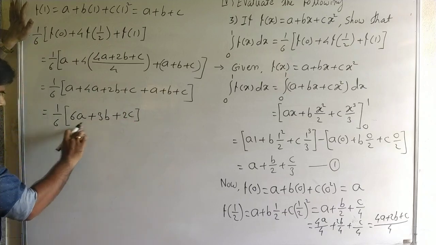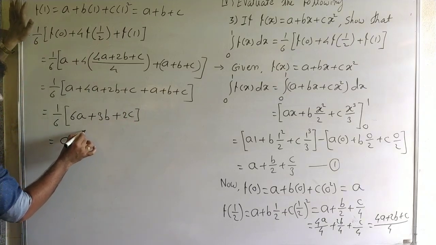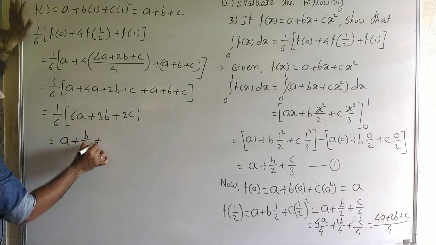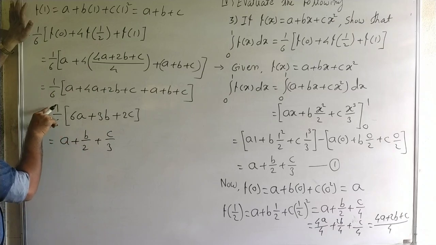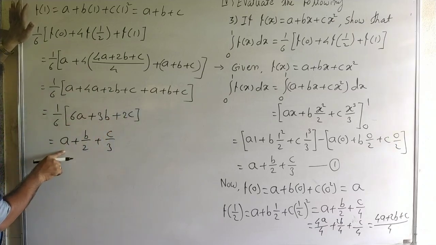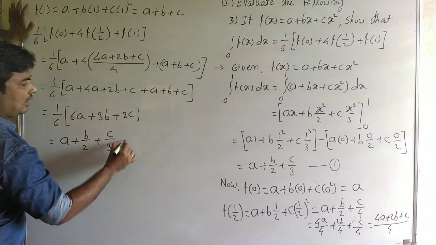When we divide by 6, we get a plus b by 2 and plus c by 3. When we multiply by 1 by 6, here it is a, 3b upon 6 is b by 2, and 2c upon 6 is c by 3, and it is equation number 2.